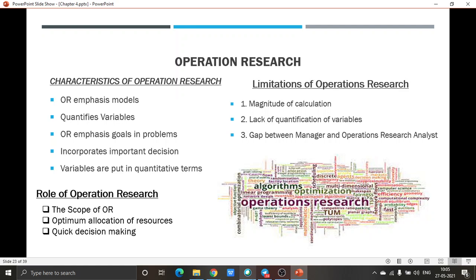Now, operation research always tries to optimize the solution for a problem by taking account of all the variables relating to the problem. In the modern business world, these variables are definitely numerous, and expressing them in quantity and building relationships among them requires huge calculation.